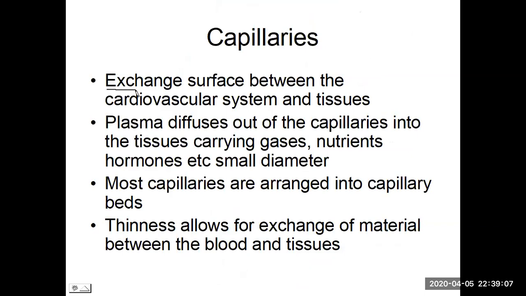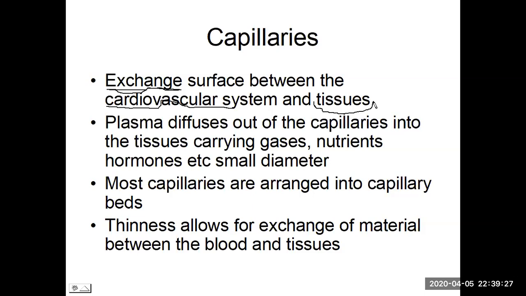So there's that first term again, that interaction between the cardiovascular system, which again transports nutrients and oxygen and hormones and waste chemicals, and the various other tissues and organs of our body.